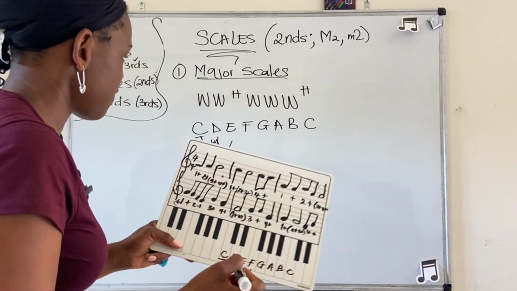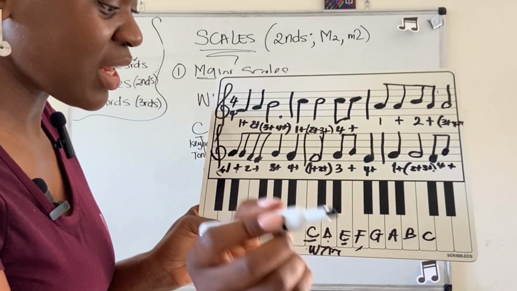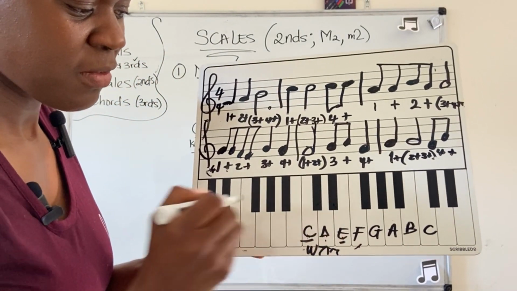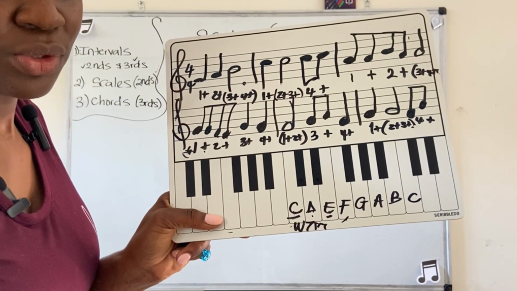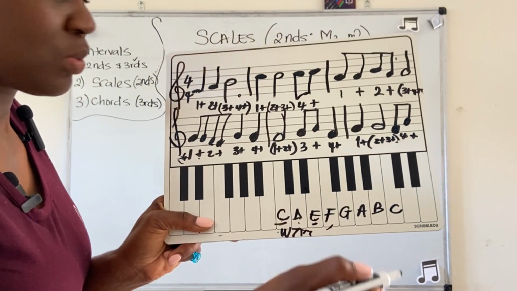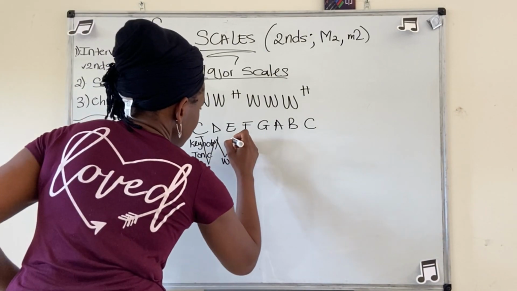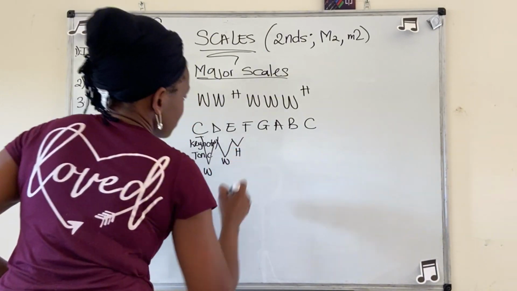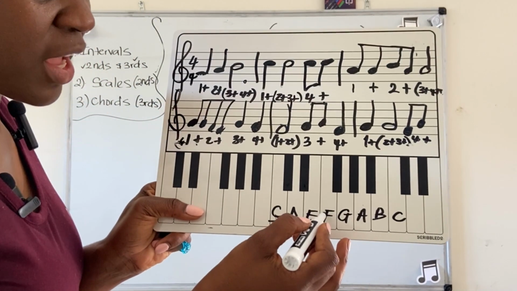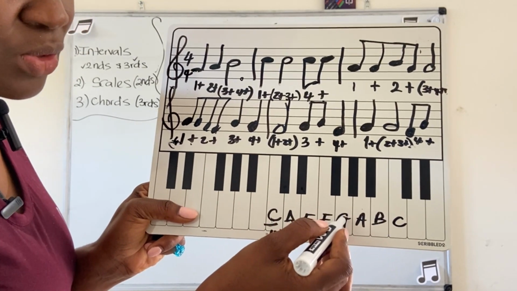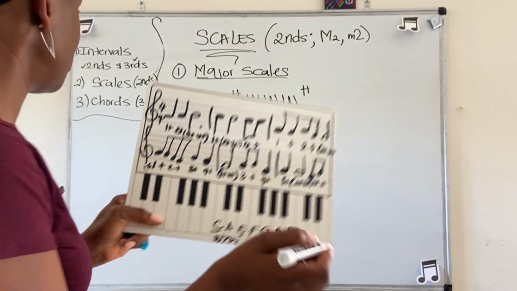Now between E and F, is that a half note or a whole note? Yes, that's a half note. So this is our half note. F and G, is that a whole note or half note? Yes, whole note.